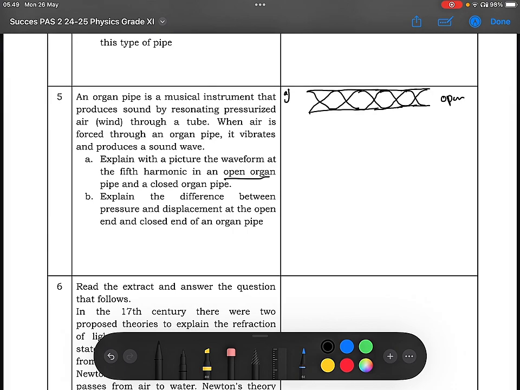And the closed. You remember, for the closed pipe it's not 1, 2, 3, but it's 1, 3, 5.